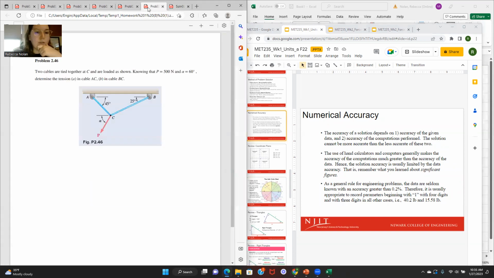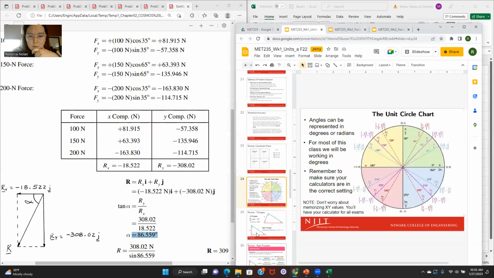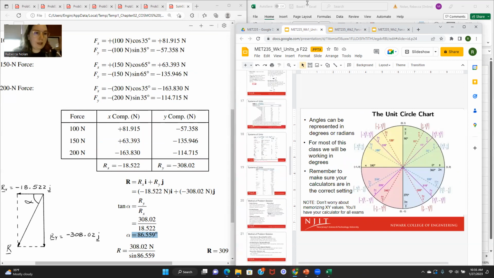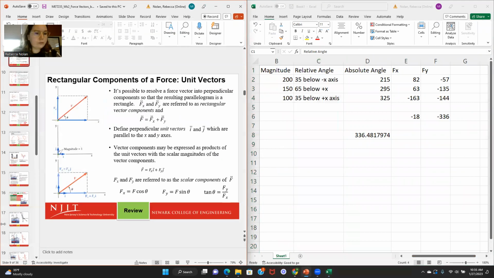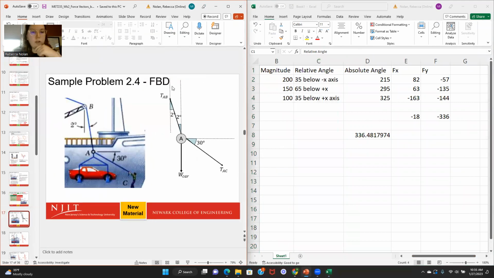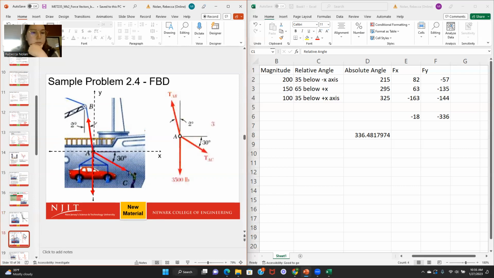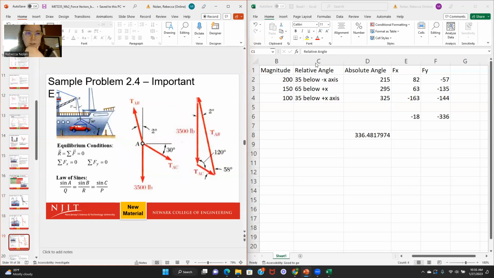So if we had the angle of 20 degrees from the y-axis, or even this one with 2 degrees here, your sine and cosine functions would flip, and they would give you an opposite function. So your sine would end up giving you your x value, and your cosine would end up giving you your y value. So there's ways to do it with the relative angle.